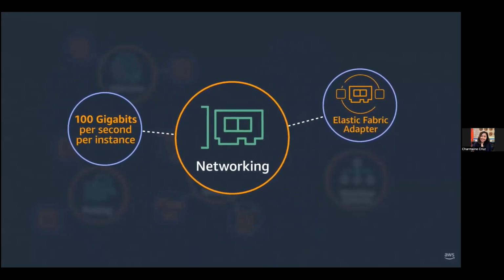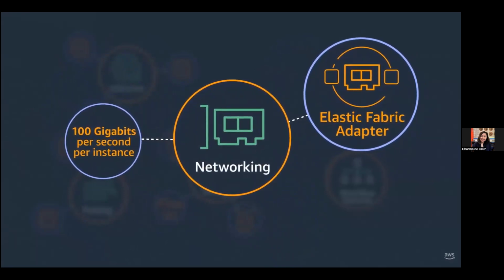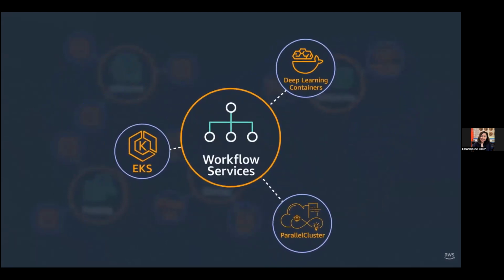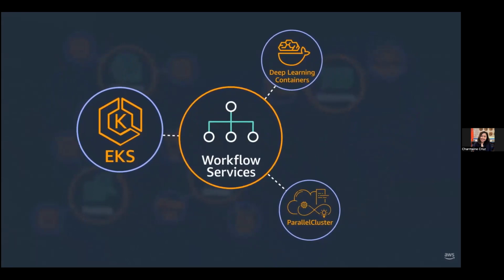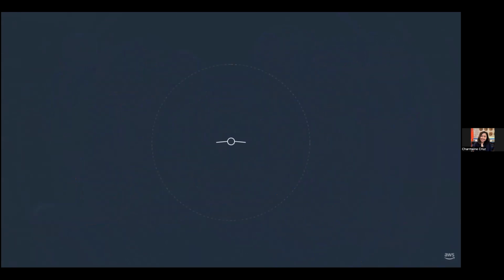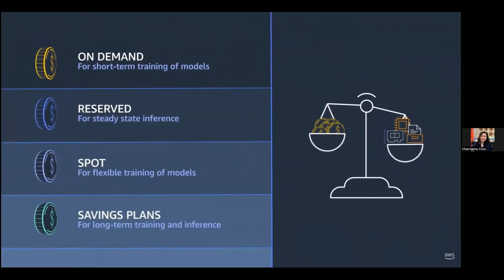For large-scale multi-node deployments, Elastic Fabric Adapter provides a low-latency, low-jitter channel for inter-instance communications. For highly scalable Kubernetes orchestration, you can use Amazon Elastic Kubernetes Service to efficiently run distributed training jobs. In addition, AWS offers different pricing plans to meet the needs of any organization.